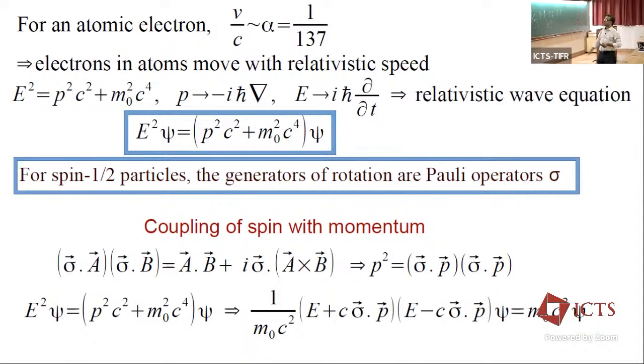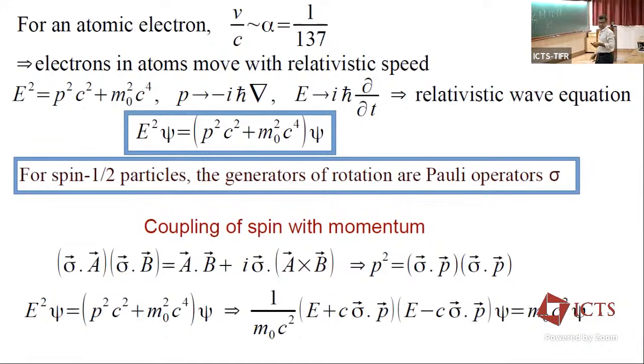So then you go to quantum mechanics, you replace these familiar quantities with operators, and you get the relativistic wave equation, which is called the Klein-Gordon equation, acting on this wave function.